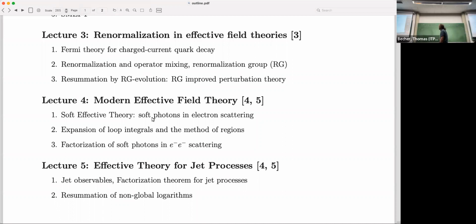An effective field theory is a QFT, but this QFT is not valid to arbitrarily high energies; it's valid only up to some scale lambda. The opposite of an effective field theory would be a fundamental field theory, which would be valid to arbitrarily high energies. Now, the question is, what are examples of effective field theories?